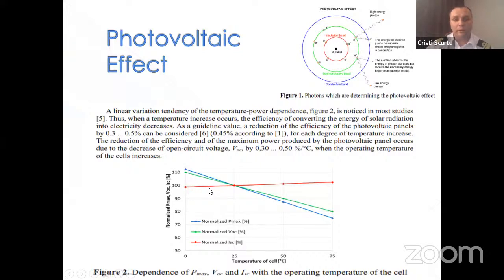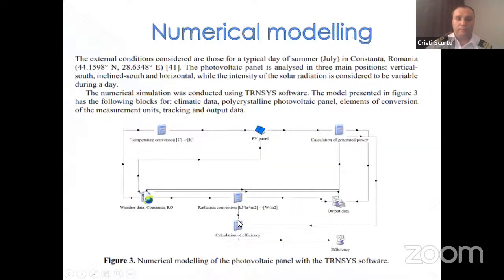You can see that the current is increasing with temperature, while the power and the voltage are decreasing with temperature. So these are the relations between power, voltage, and current, and we have an intersection point at 25 degrees.